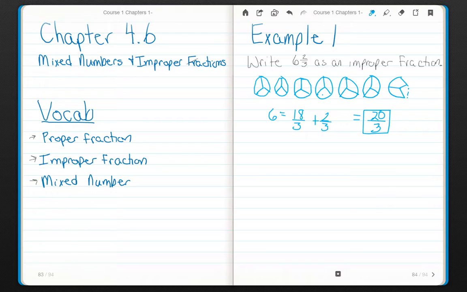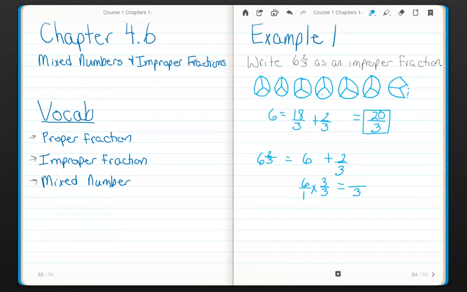Now, if I don't want to model it, I can break it into pieces. If I have 6 2/3, that's like having 6 plus 2/3. Well, 6, if I want to make that into thirds, 6 over 1 times something equals something over 3.